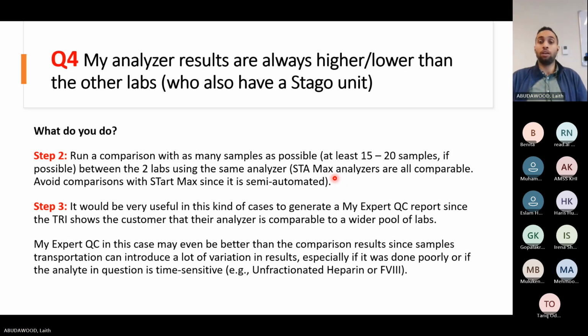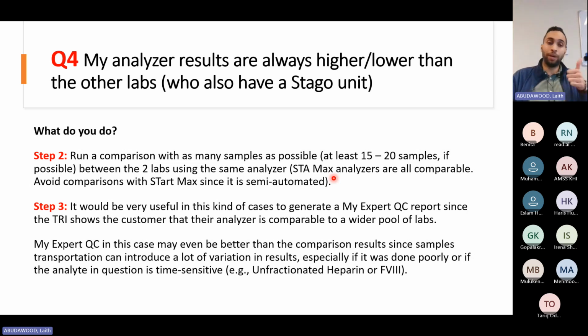In this case, it will be good to present the customer with more evidence, with more data points. Yes, you feel something is wrong, so I will present you with more data showing it's not really a significant difference. Again, it will be good to go to my expert QC and, for example, show them the TRI and the PRI. Do you really have a significant bias or not?